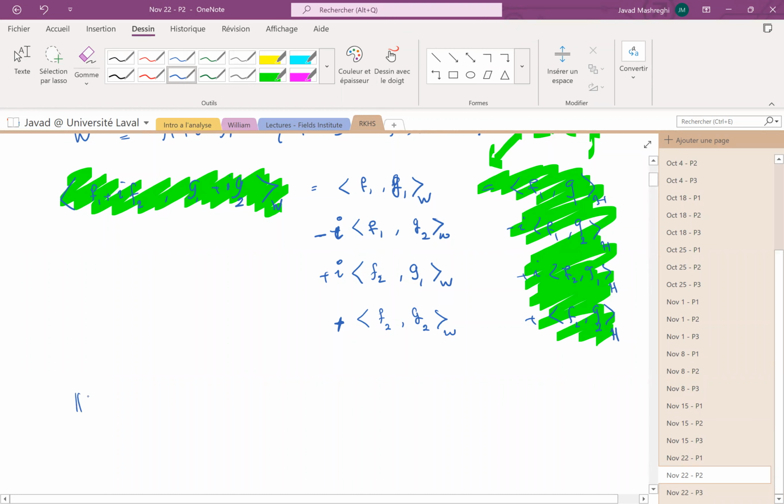The rest is just some verification. I leave it to the student to do it. And in particular, you see that the norm of this element in W squared, based on the definition, is the norm of the first one in H squared plus the norm of the second one in H squared. This is what we want to be true indeed.